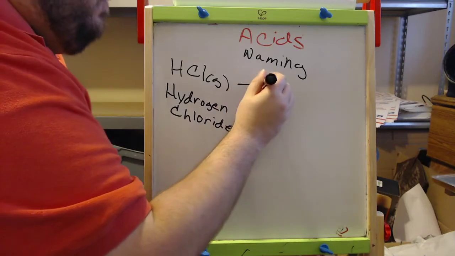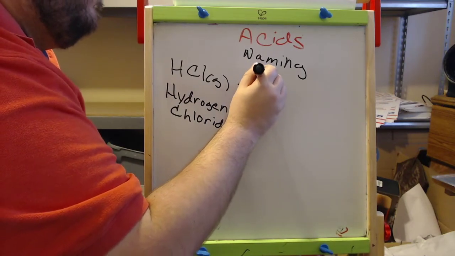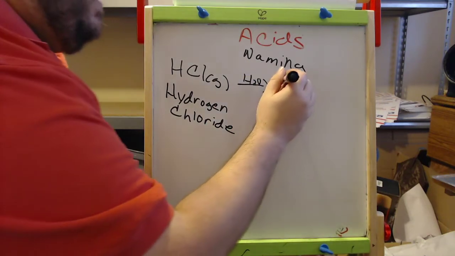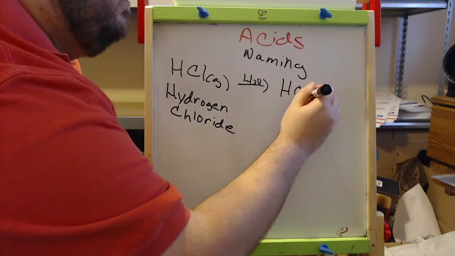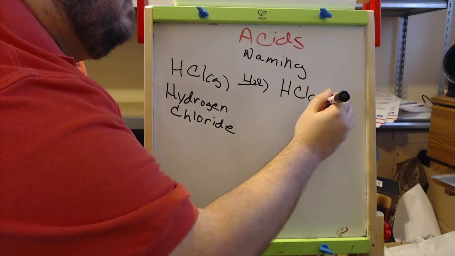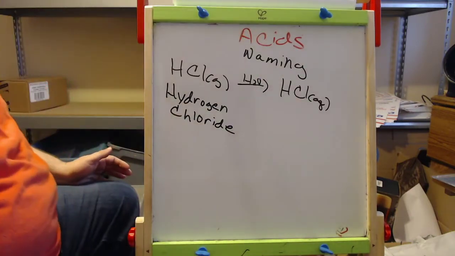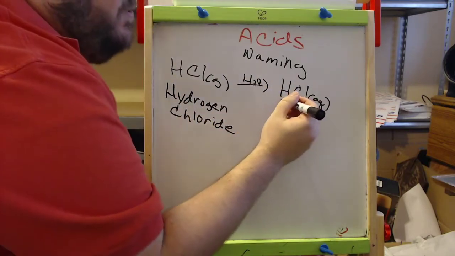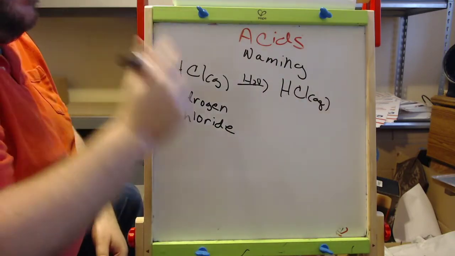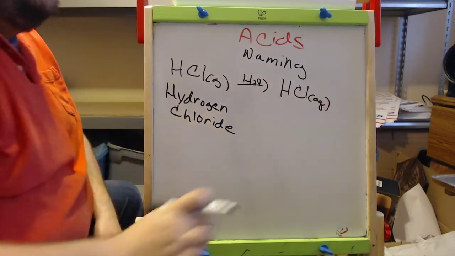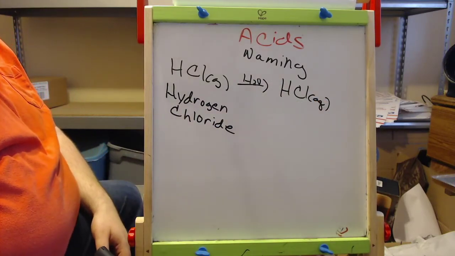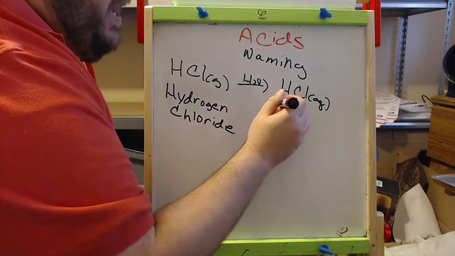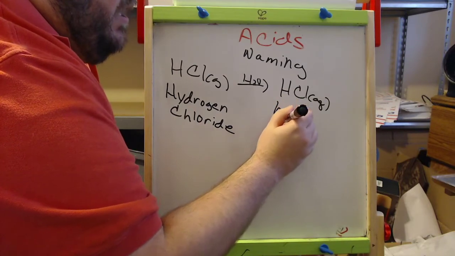If I put it in water and I make it HCl aqueous, which of course we know is going to break down, but if it was written like this, now I'm an acid because it's aq. I take the prefix of hydrogen and make it hydro.